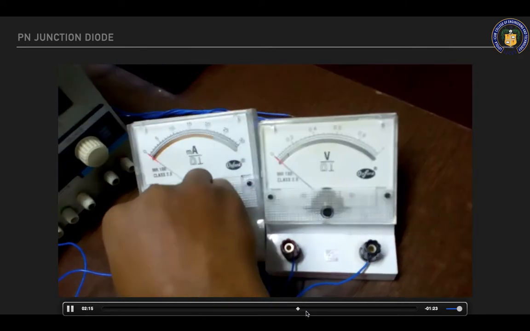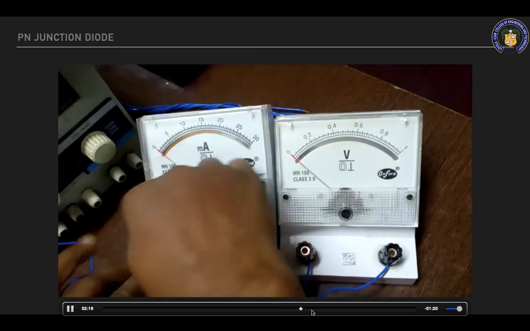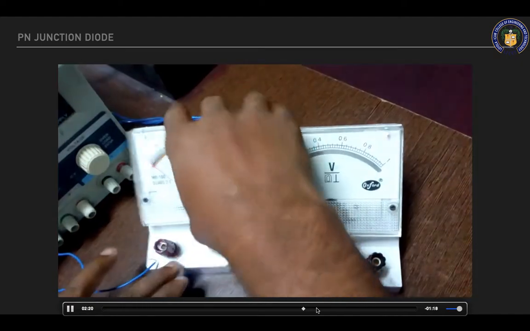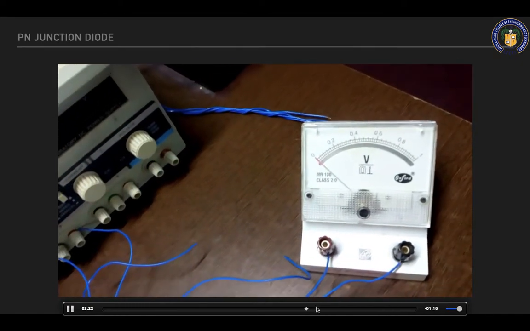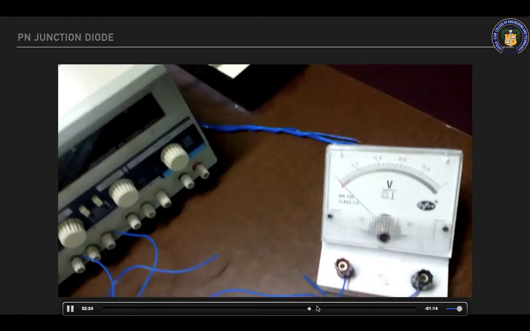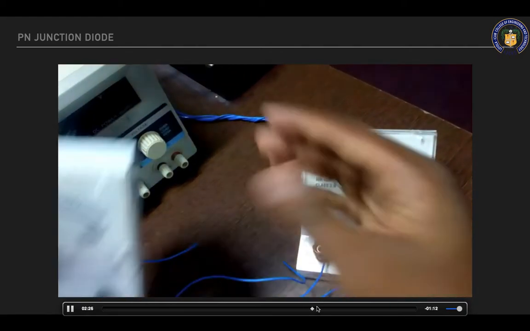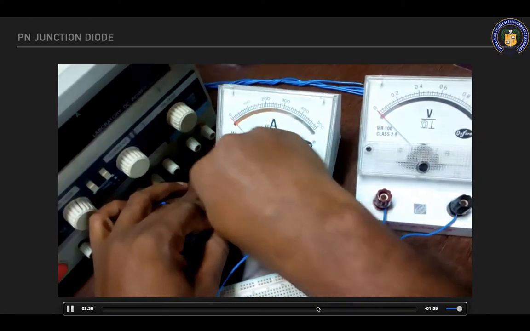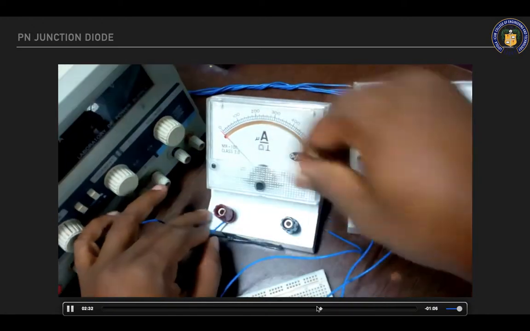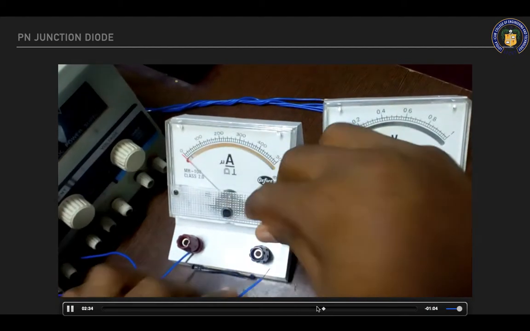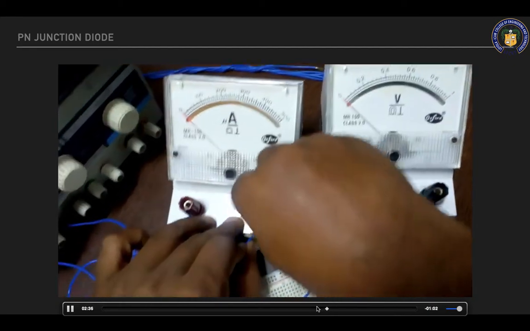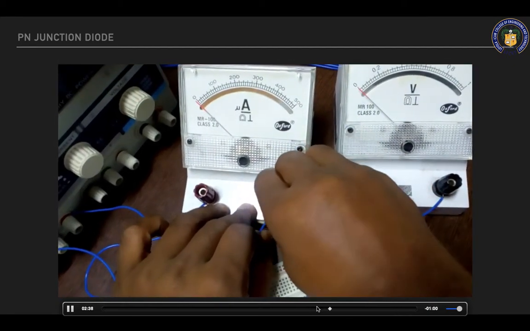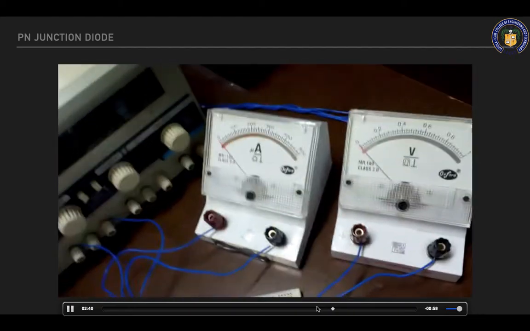Ammeter changed to 0 to 500 microamps. Switch on the supply.